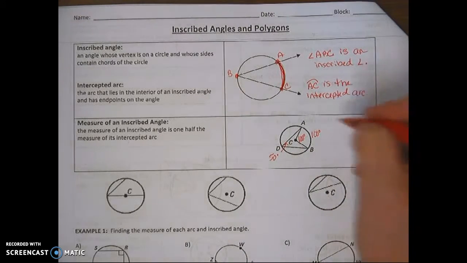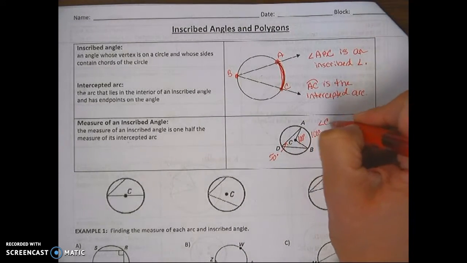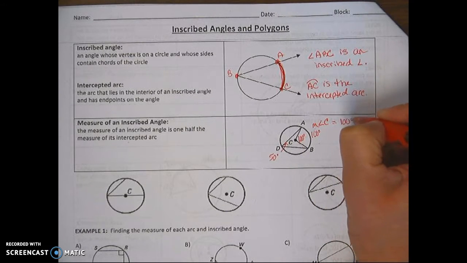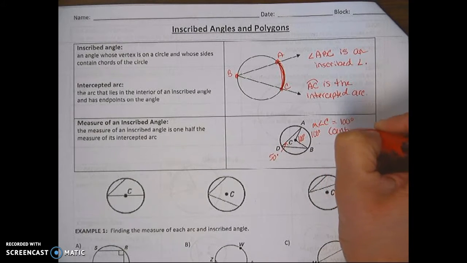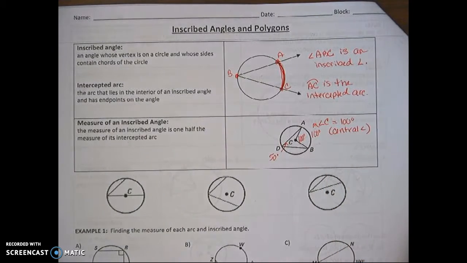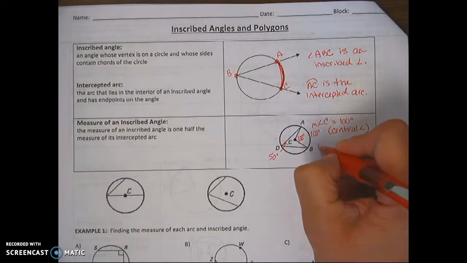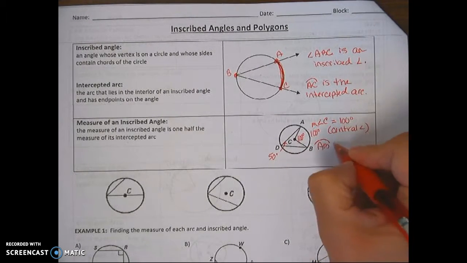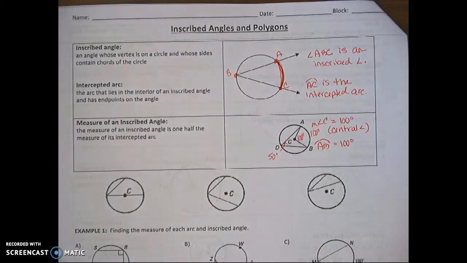I'm going to write down that the measure of angle C is 100 degrees. Angle C is a central angle, but that's what we talked about last time. AB is the intercepted arc of C, which is also 100 degrees.